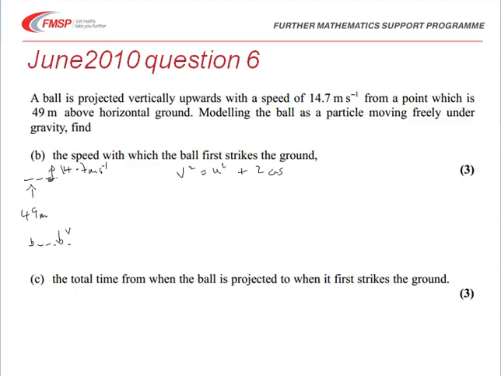So this time, using up as being positive, we've got v squared is equal to 14.7 squared plus 2 multiplied by negative 9.8 multiplied by negative 49. That gives a value of v, when we've taken the square root, to be 34.3 meters per second.